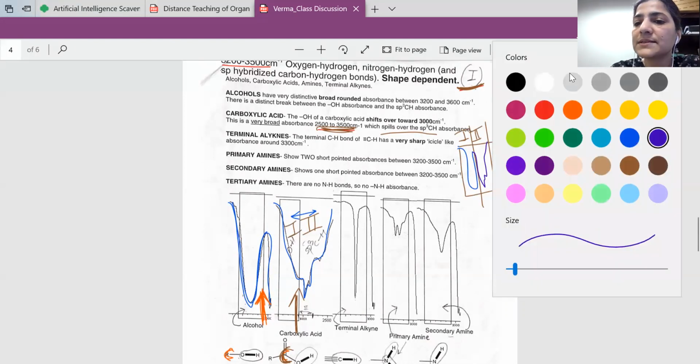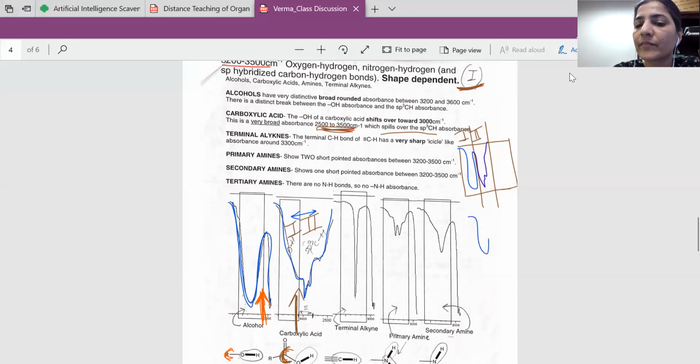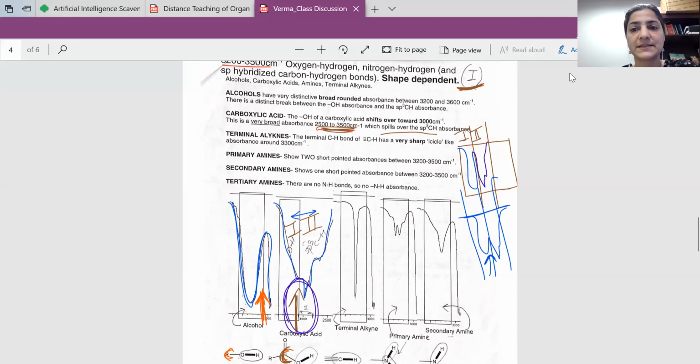You may also see them something like this, but this indent or splicing will be very evident to you. This splicing will be absent in the case of carboxylic acid peaks.